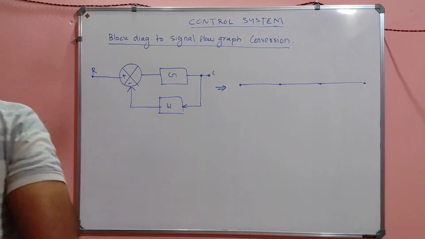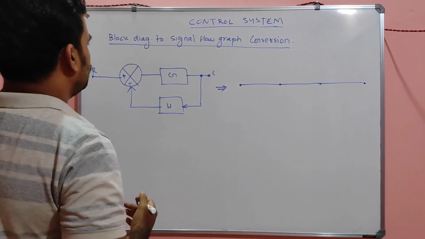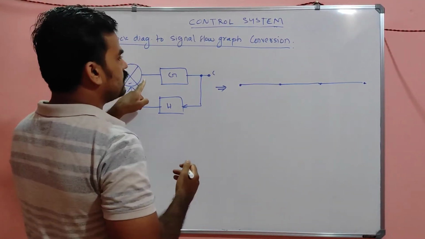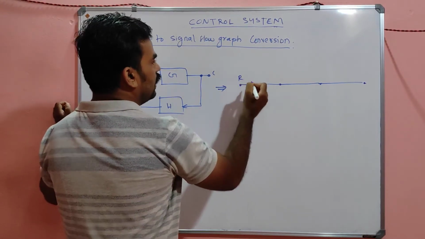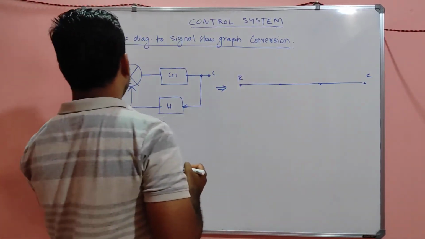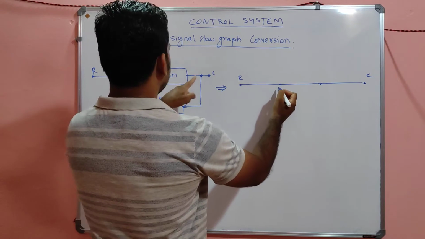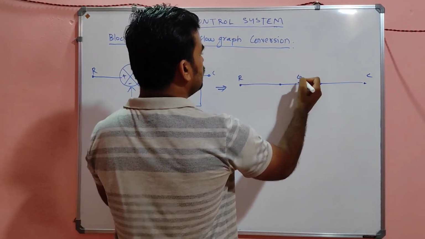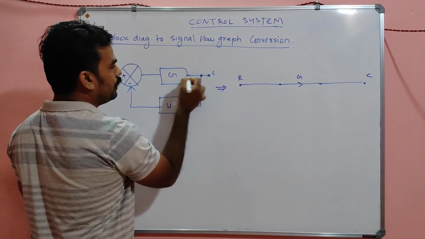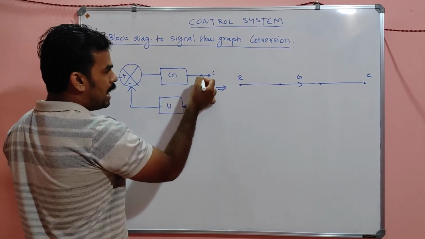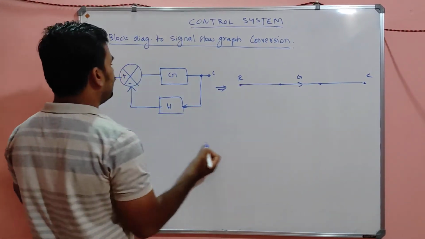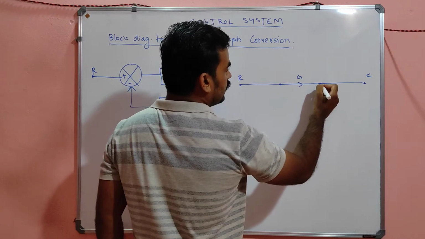You can give any value, or you can do it without values also. See, from this summing point, this is R and this is C. From the summing point to this point the gain is G, and from this point again to the summing point there is a feedback.